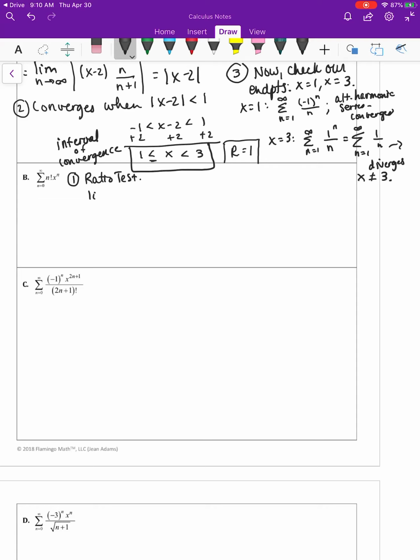First thing we're going to do is the ratio test. So we've got the limit as n goes to infinity of the absolute value of (n plus 1) factorial times x to the n plus 1, over n factorial times x to the n. This one wasn't a fraction, so we were able to do a sub n plus 1 over a sub n. Now we just want to start simplifying.